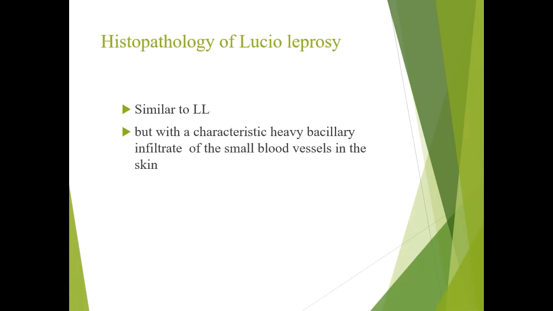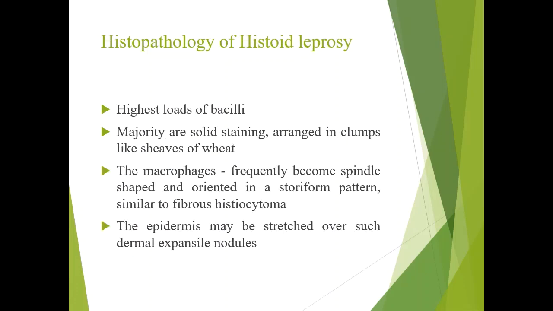Lucio leprosy. The histology is similar to lepromatous leprosy, but there is a characteristic heavy bacillary infiltrate in the small blood vessels of the skin. In histoid leprosy, with the highest loads of lepra bacilli, the majority are solid staining, arranged in clouds like sheaves of wheat.